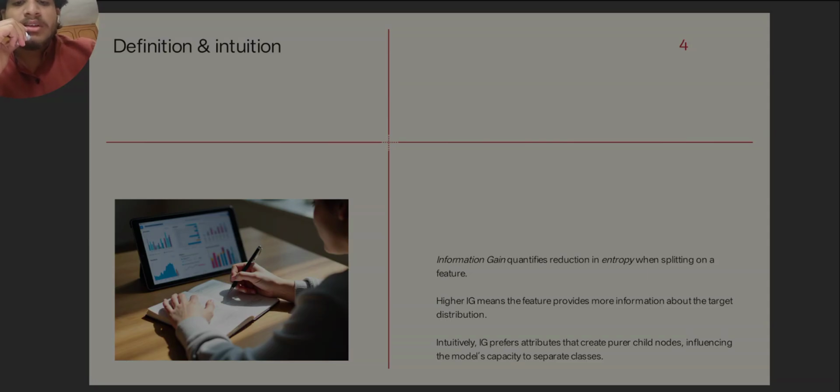Intuition: think of information gain as answering this question. And visual intuition: before split, mixed data, confusion; after a good split, pure groups, clear decisions.